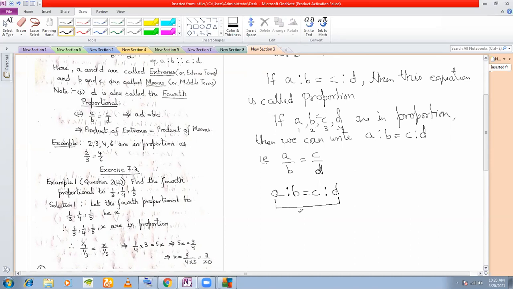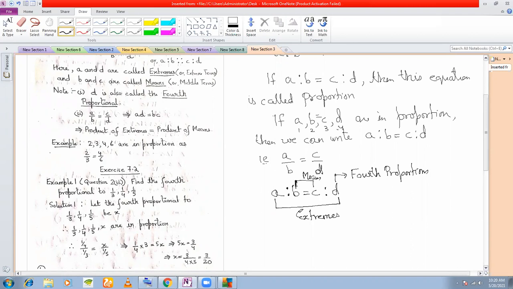For a proportion A is to B is equal to C is to D, these two are called extremes. In fact, the antecedent of the first and the consequent of the second ratio are called extremes.